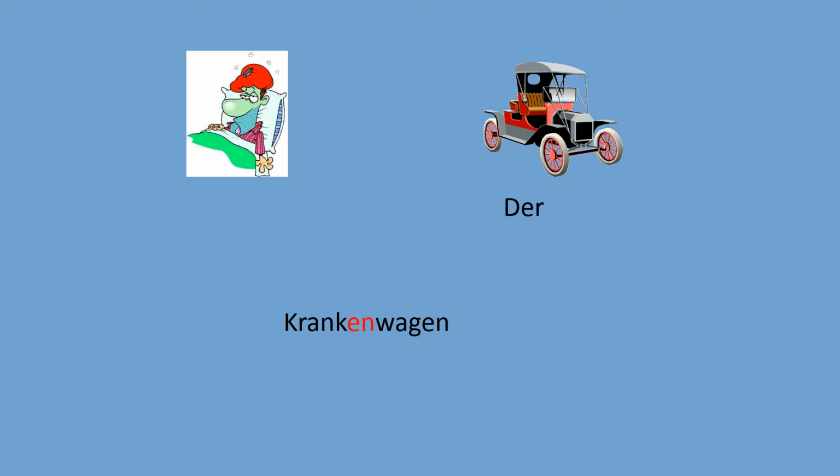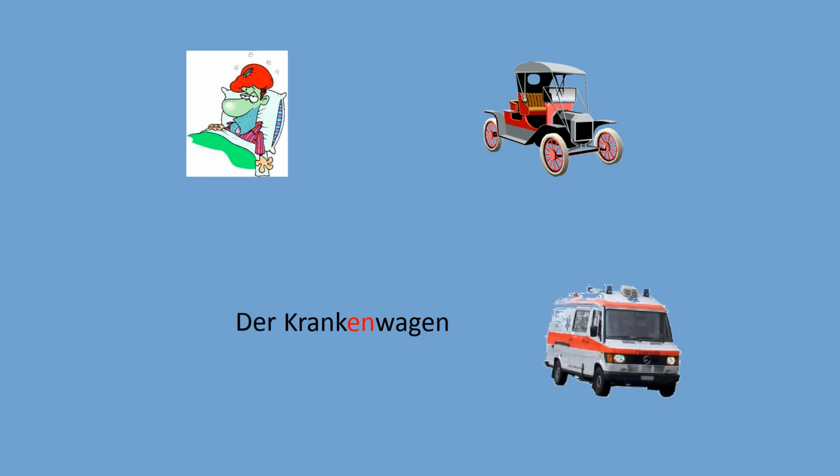Look, in this case, we use an additional element, a joining component, which will help us to pronounce this word correctly. It's very difficult to pronounce K and W together, so we put an additional EN, so Krankenwagen. And of course, because we have to take the definite article from the last component, der Krankenwagen, which means ambulance in English.